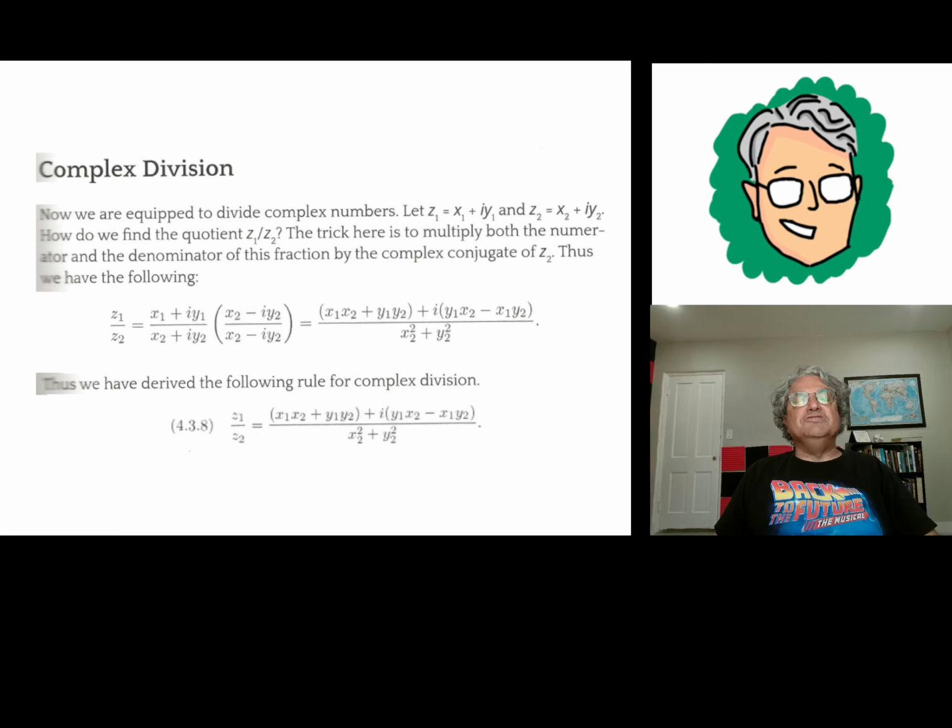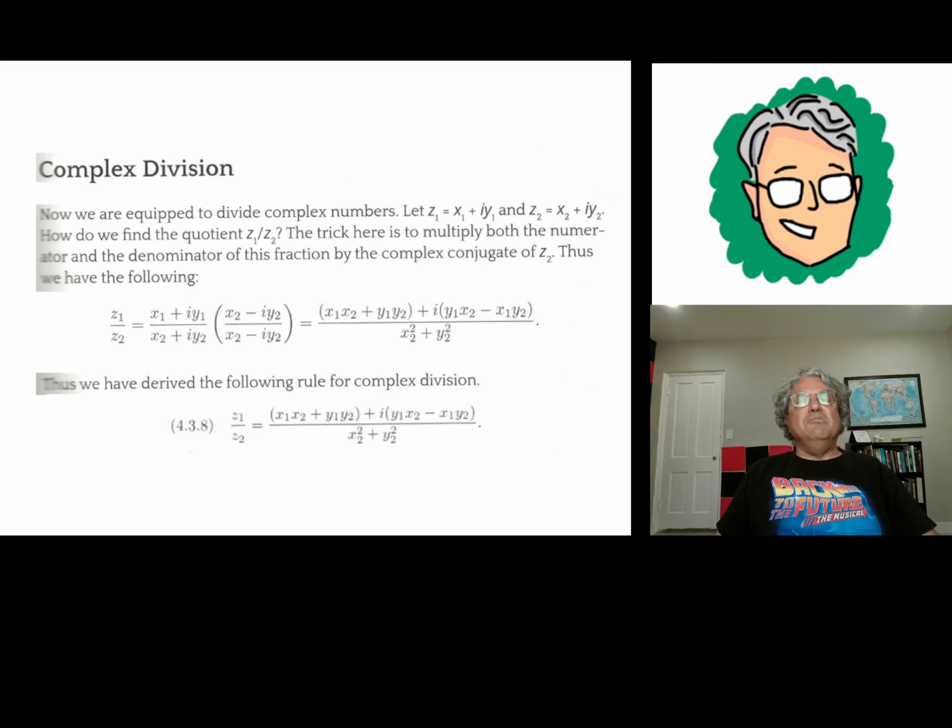It's just x1 x2 plus y1 y2. That's the real part, and then the imaginary part is y1 x2 minus x1 y2. So the whole thing is x1 x2 plus y1 y2 plus i times y1 x2 minus x1 y2. You don't have to memorize that. You can use FOIL if you want to derive it.